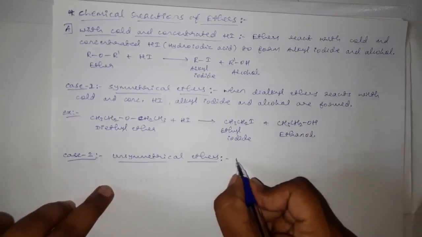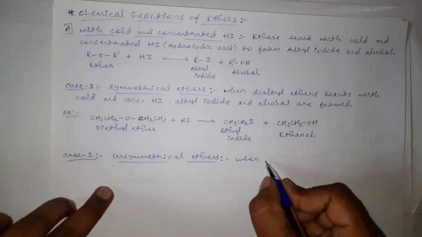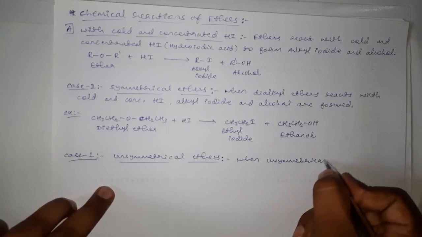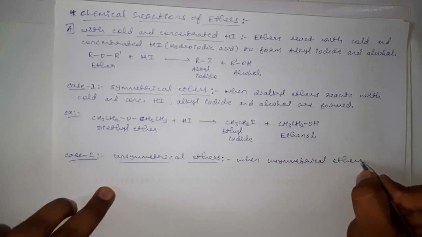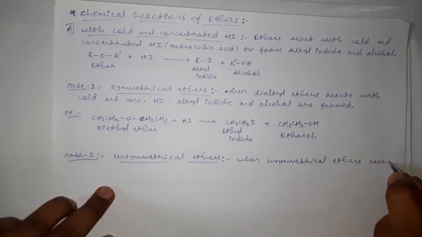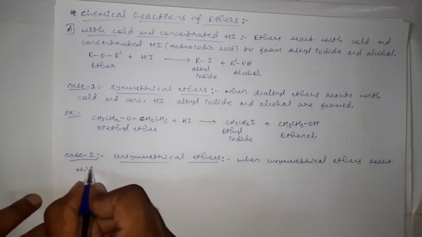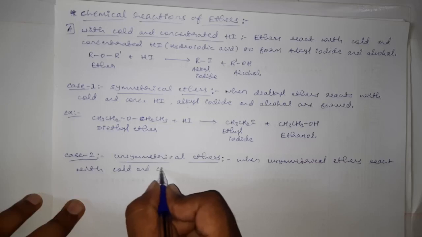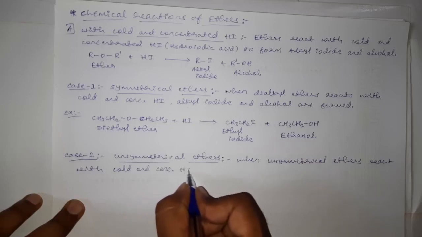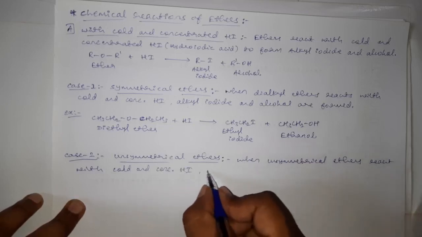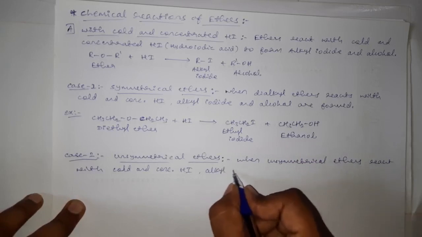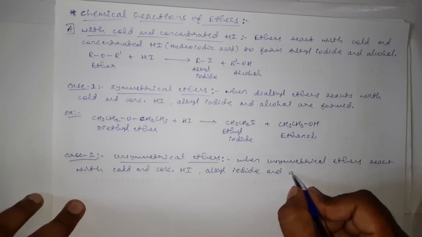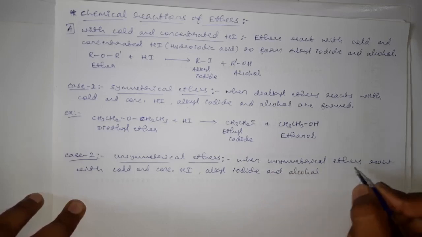See, when unsymmetrical ethers react with cold and concentrated hydroiodic acid, we will get alkyl iodide and alcohol.